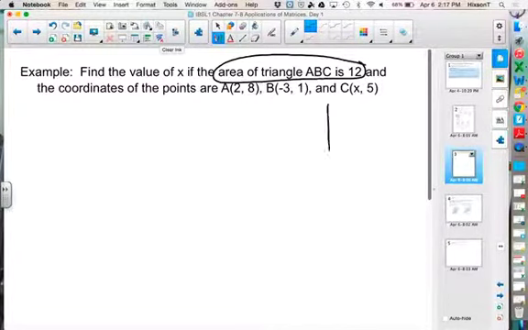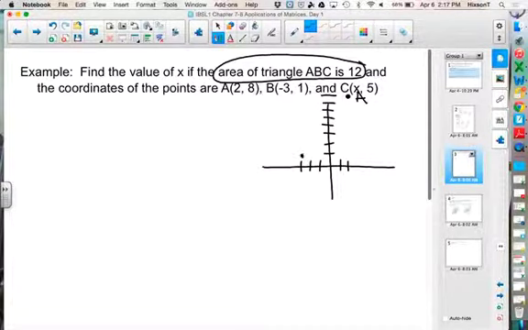And we know the point 2, 8 is here. Here's A. We know the point B is -3, 1.